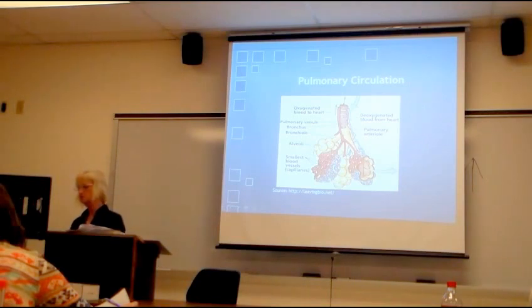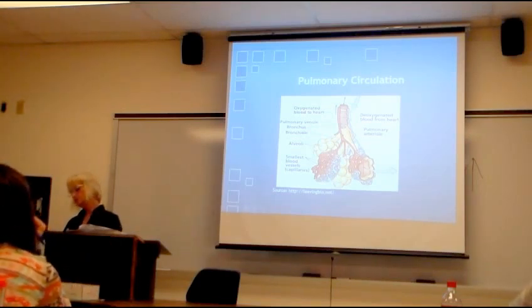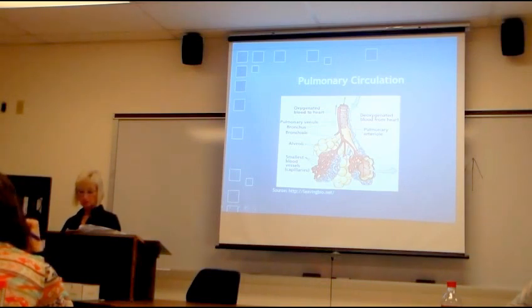So you've got your oxygen-poor blood coming down into your capillary networks, and then gas exchange takes place. Your deoxygenated blood becomes oxygenated, goes back through the capillaries into the pulmonary vein to the left atrium of the heart. Then it flows to the left ventricle and back into systemic circulation.